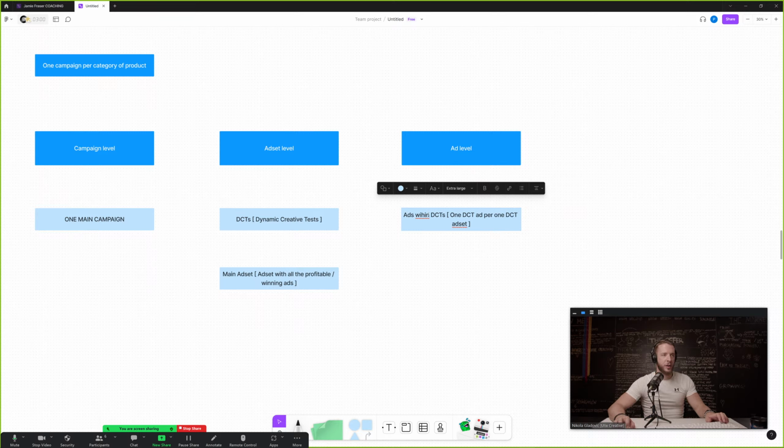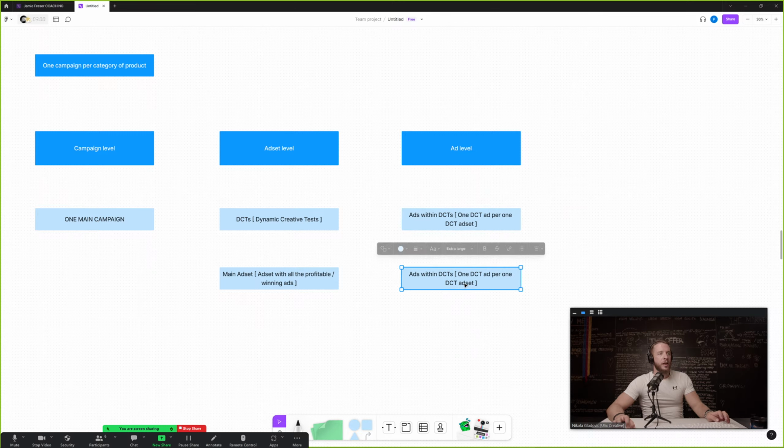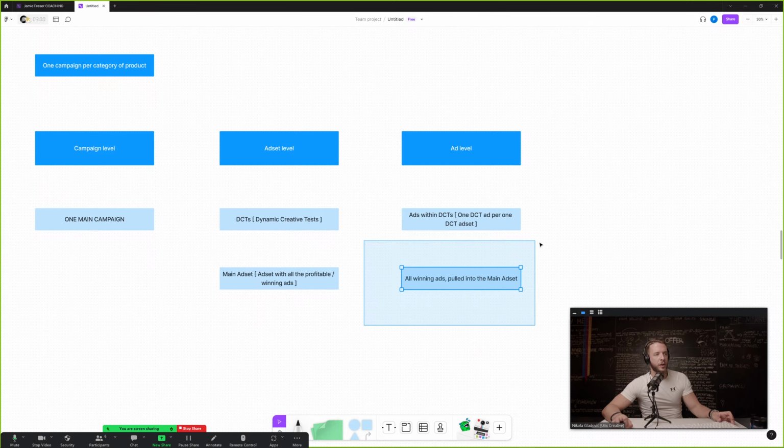And we have all winning ads pulled into the main ad set. So all the winning ads, we're gonna be pulling them into the winning ad set. And every DCT ad set is going to have one DCT ad.